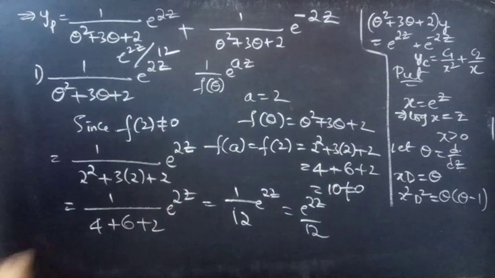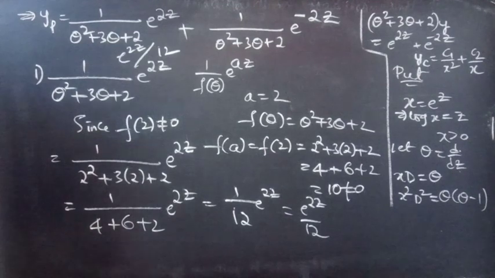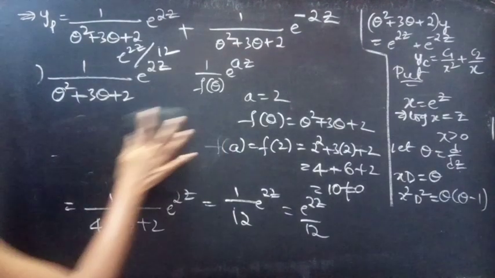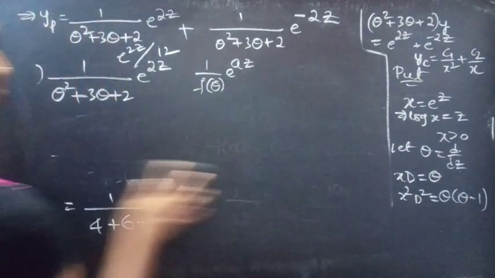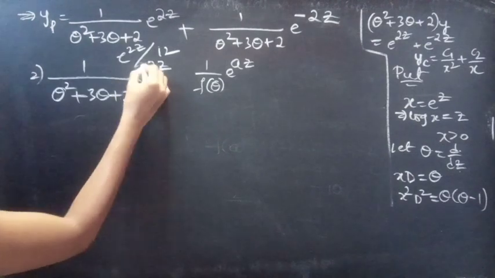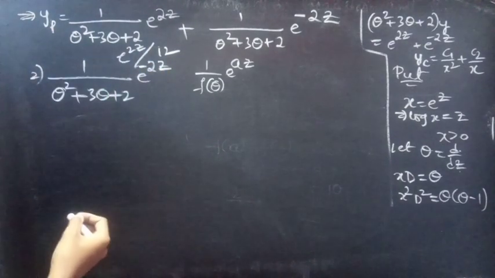Now let's go for the second one, 1 by f of theta into e power minus 2z. Right?